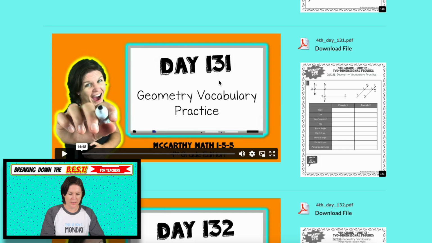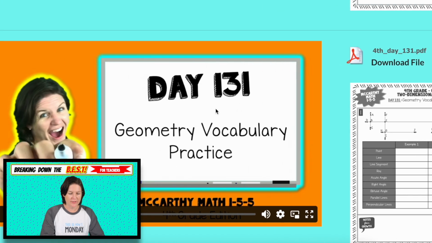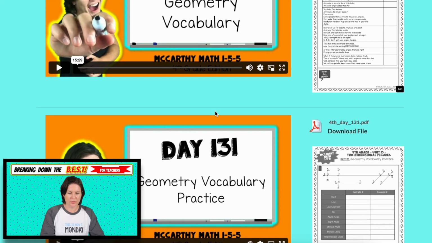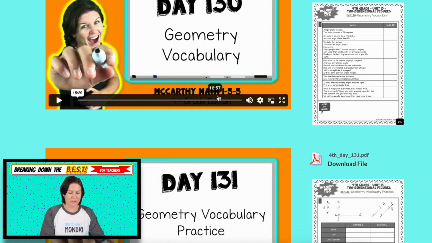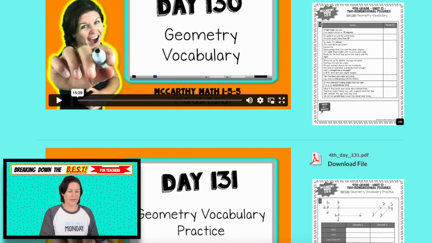Okay, but day 131 would help too, because I can see that we have acute, right, obtuse with other maybe review that you would need. Okay, 130 and 131 looks like the 2 to go to for this. Okay, so just write that down. 130, 131 for more practice with this standard. It's not perfectly aligned, but there's more support for you there, okay?